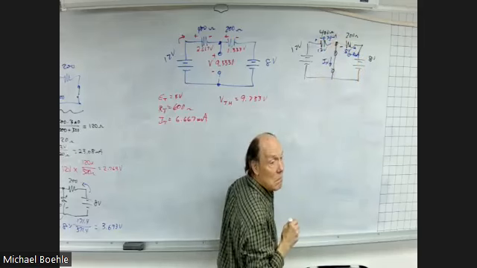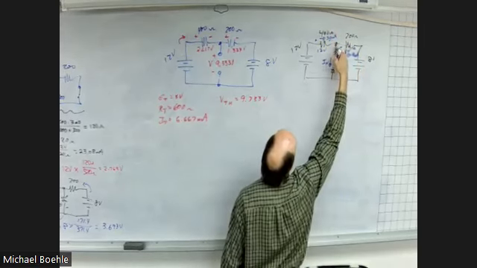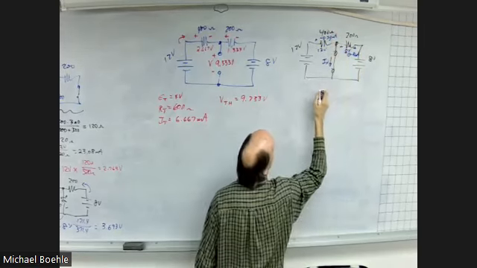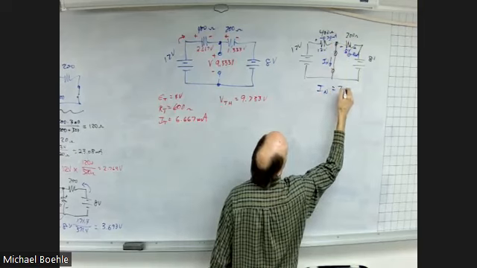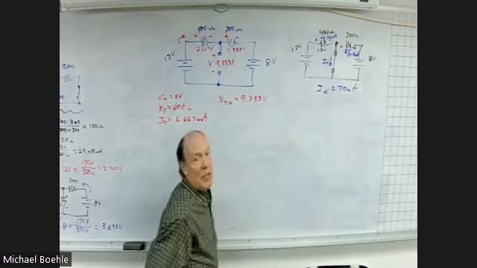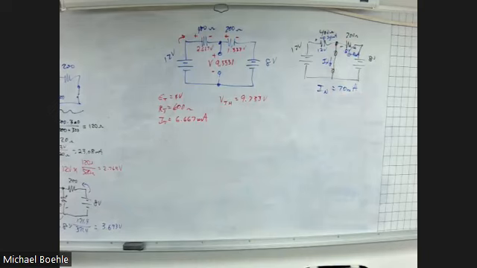Right? So that's coming into this point. That's coming to this point. They add together. So my Norton current is 70 milliamps. Make sure I did my math right. Yeah, okay.